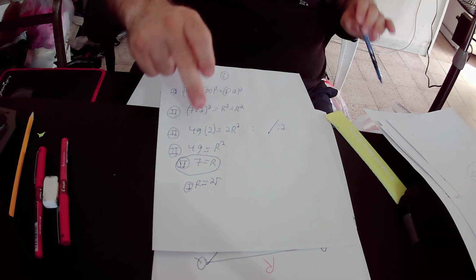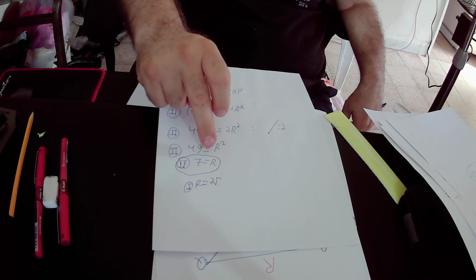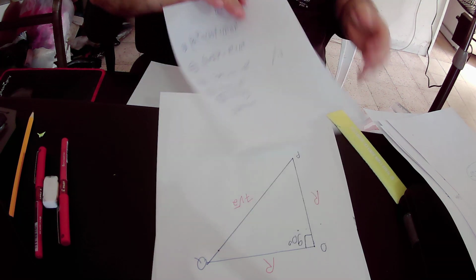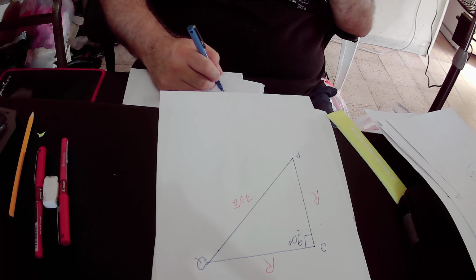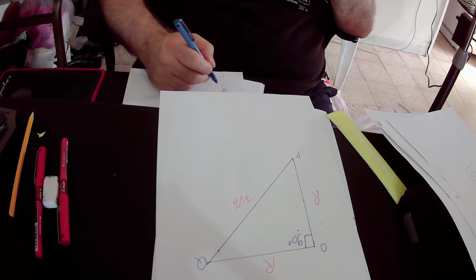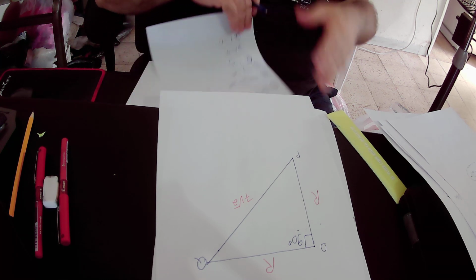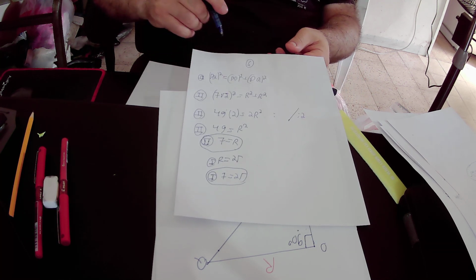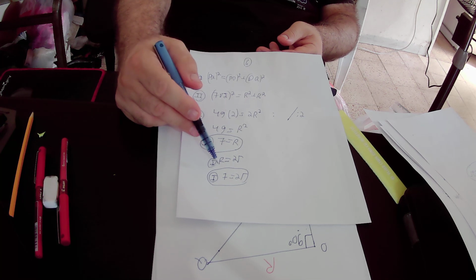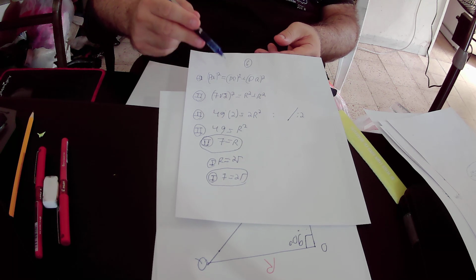So we can substitute R by 7 in equation number 1 because capital R equals 7. So we substituted R by 7. We got that 7 equals 2 times r in the first equation. Now we can divide the equation by 2.